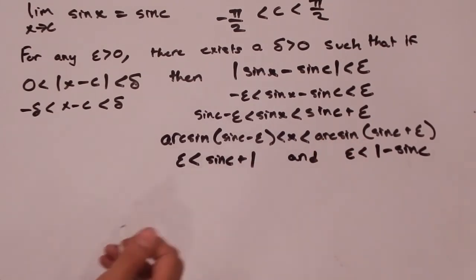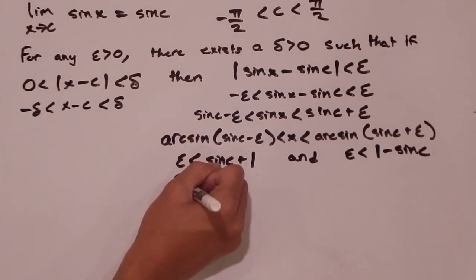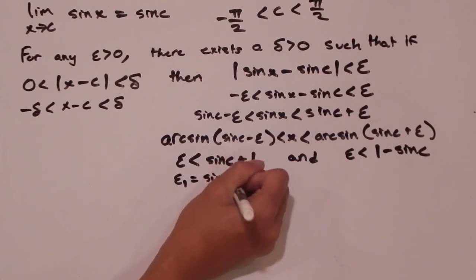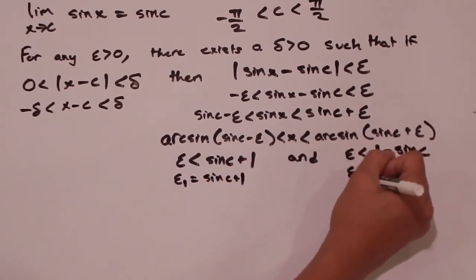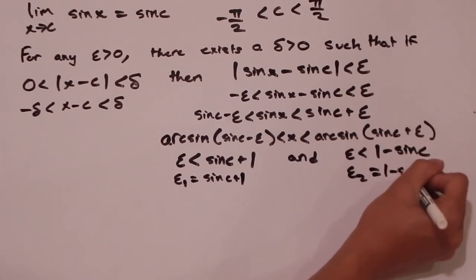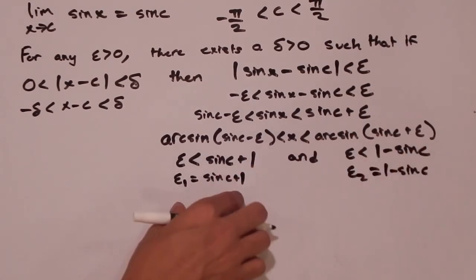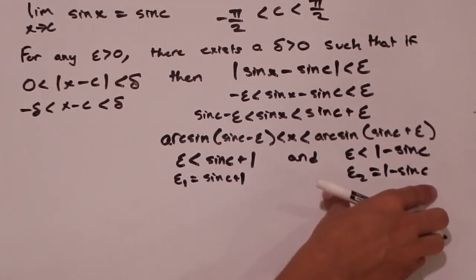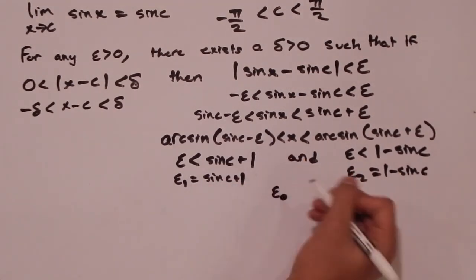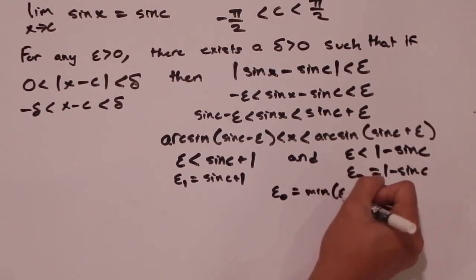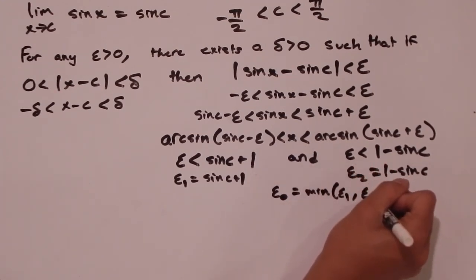And I'm going to say epsilon 1 is equal to sine c plus 1. And I'm going to say epsilon 2 is equal to 1 minus sine c. These are just two constants, because I'm setting them equal to these two things. They do depend on c, so they can change. So epsilon 1 equals this, epsilon 2 equals this, and I'm going to say epsilon naught is equal to the minimum of epsilon 1 and epsilon 2.